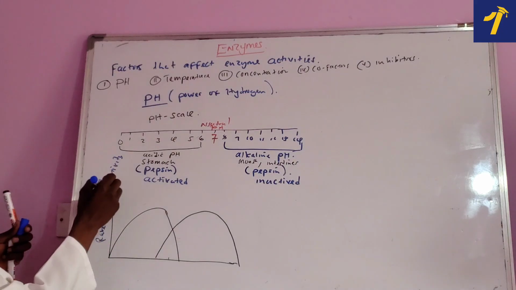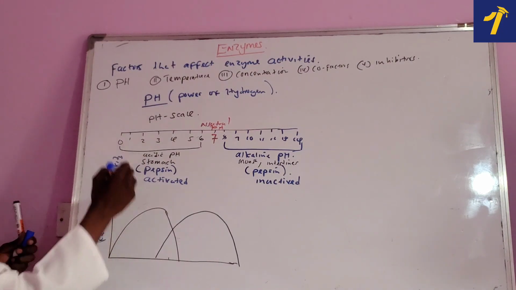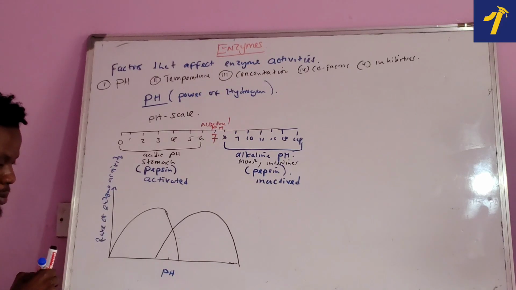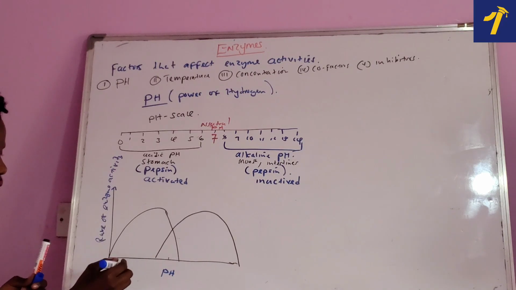Okay, this side on the y-axis there is rate of enzyme activity, and this side there is what? pH.